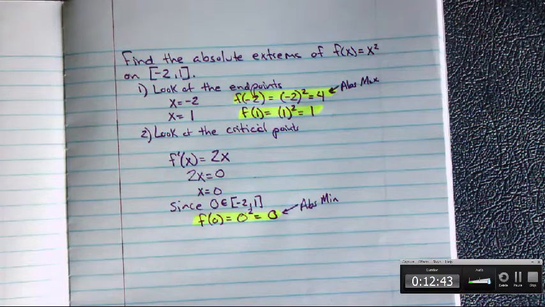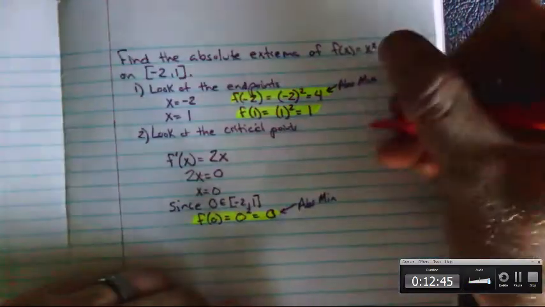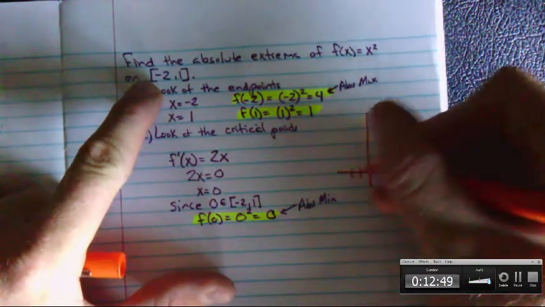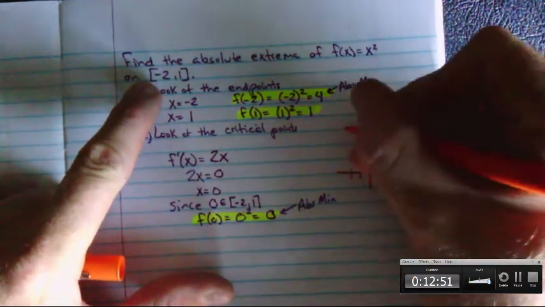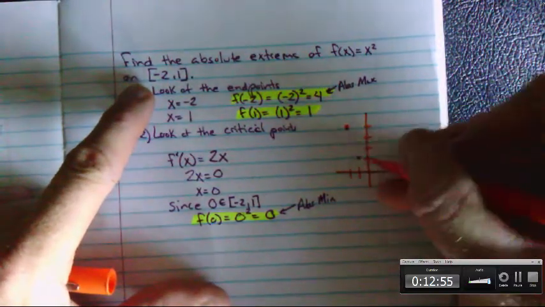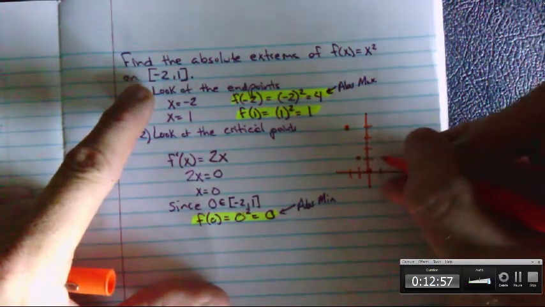This should make sense because if we were to graph this, -2 squared is 4, -1 squared is 1, 0 squared is 0, and 1 squared is 1.